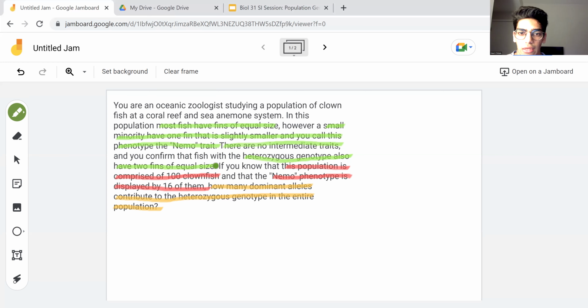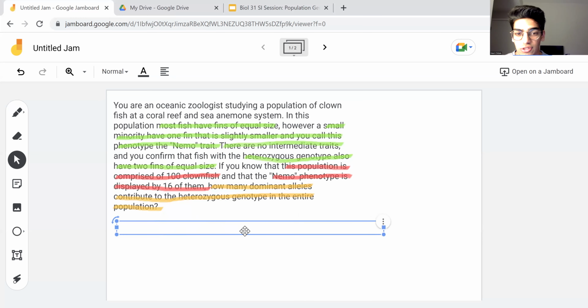Okay, so this can feel like a lot of information, but why don't we start breaking it down into our variables so we can more easily track everything that's going on. Let's start with making variables to represent each genotype.